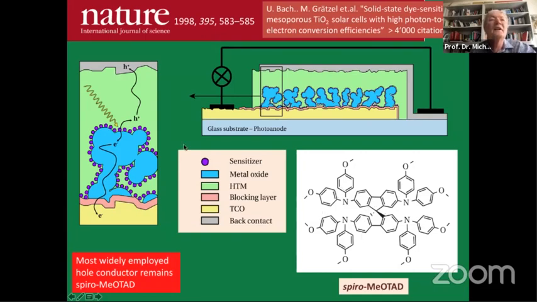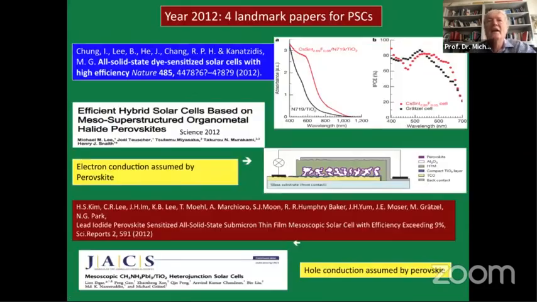And so here the structure is such that you have, again, the dye-sensitized oxides, but then they're in contact with a hole conductor, and the hole conductor takes the positive charge to the back contact, and this regenerates the dye. And so yeah, then in 2012, as I said, there were these two papers, and two other papers appeared.